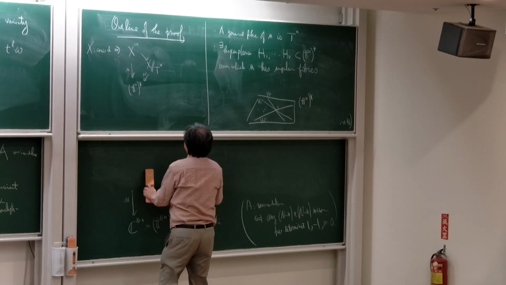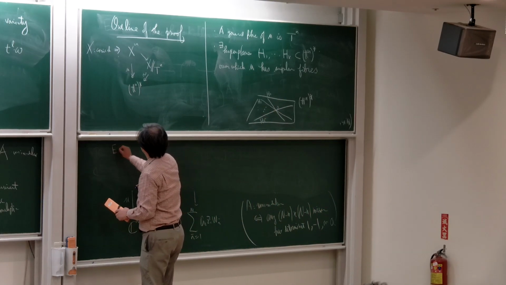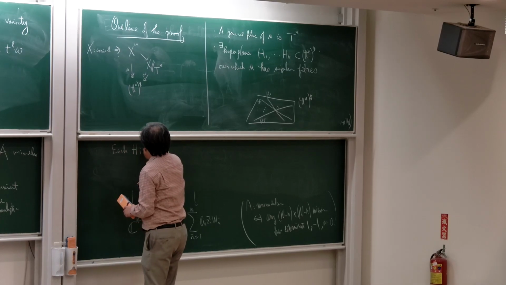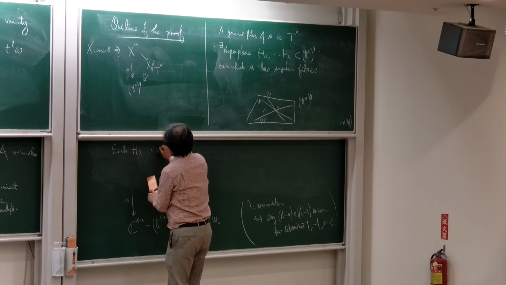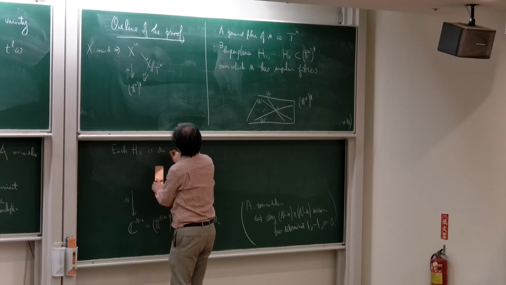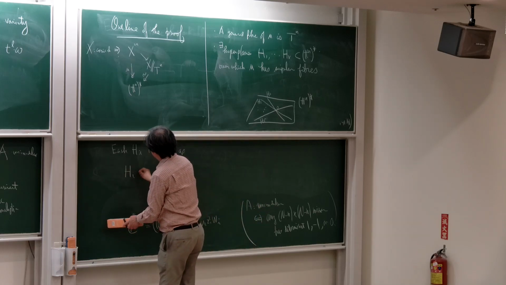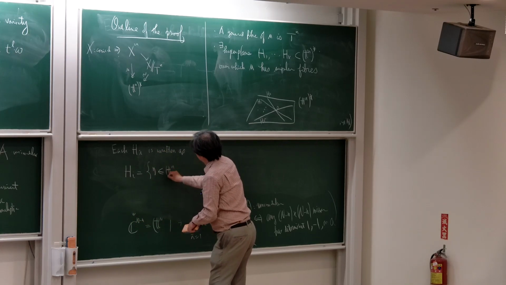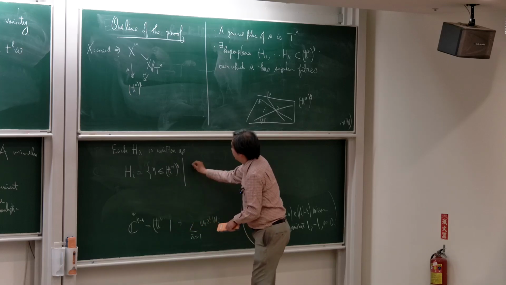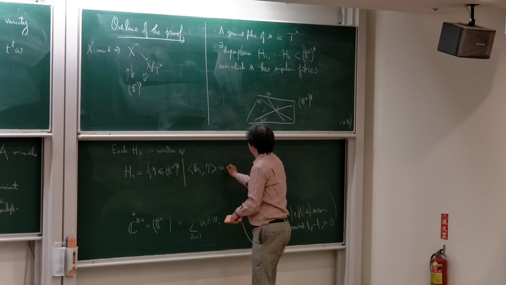Each Hi is described as the set of eta with Bi paired with eta equal to 0.